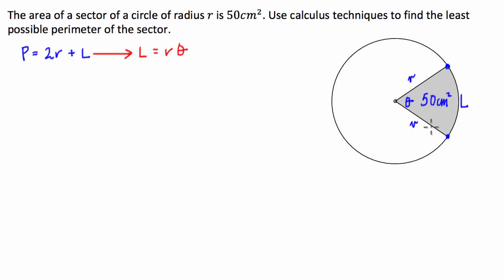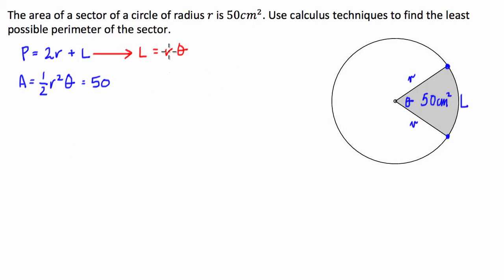We're also told the area of this sector is 50, so we can use the area of a sector formula in radians, A equals 1/2 r squared theta, and fill in what we know, which is equal to 50.